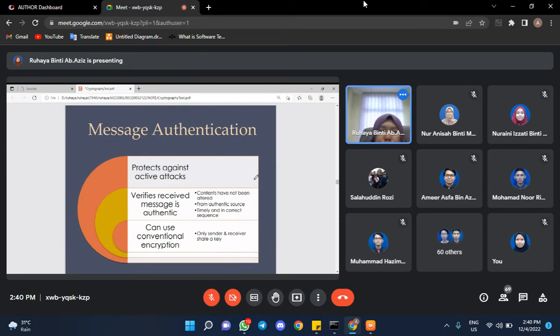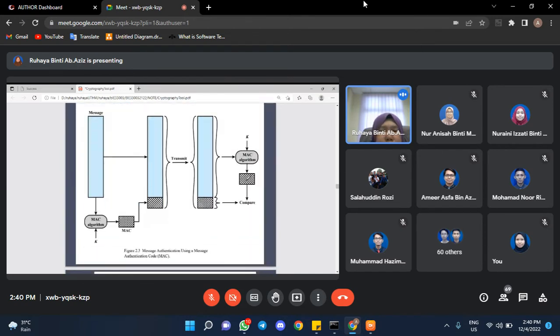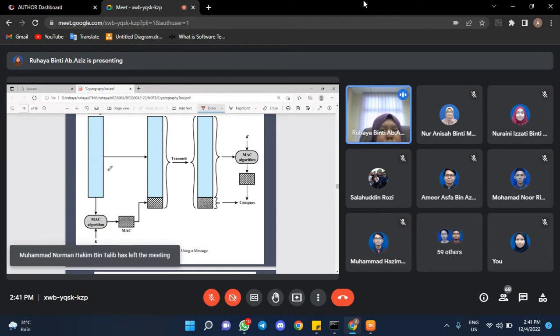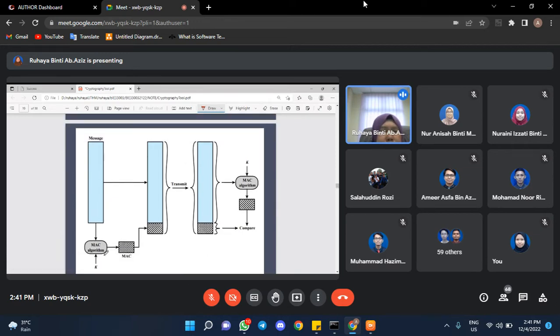So we can use encryption where the sender and receiver share a key. With conventional symmetric encryption, it uses just one key. Message authentication basically uses what we call a MAC, a message authentication code. The message is transformed using the MAC algorithm and transmitted, then the receiver compares it. If it is the same, the message can be proven authentic.